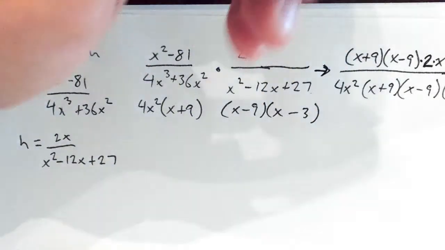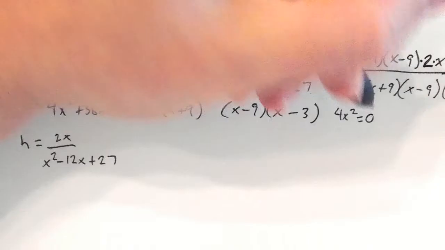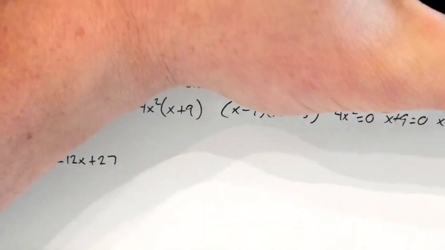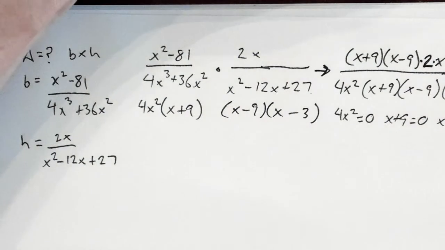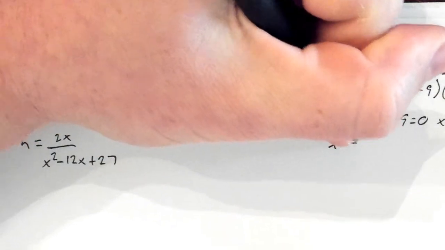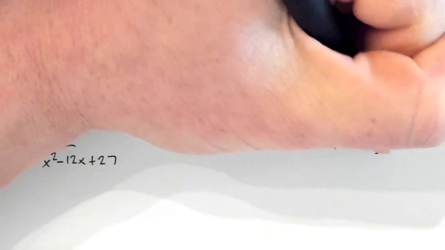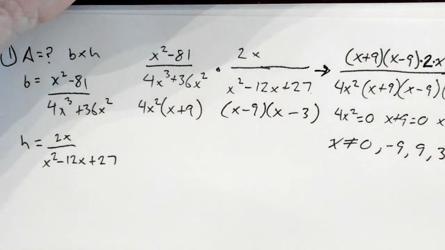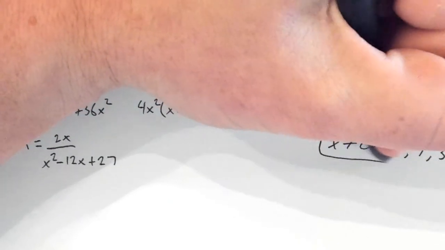So we have 4x squared equals 0, x plus 9 equals 0, x minus 9 equals 0, and x minus 3 equals 0. I solve each one of those one-step equations, and x cannot equal 0, negative 9, positive 9, and 3. Normally I like to put that in order, but there's your answer for your restrictions. x cannot equal these four numbers.